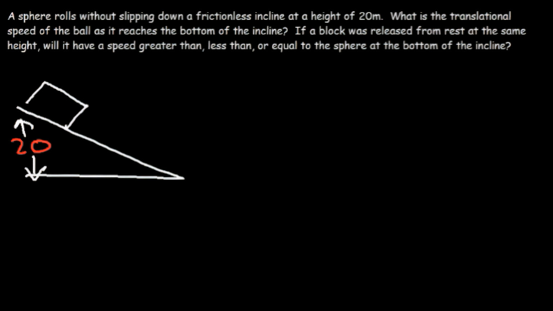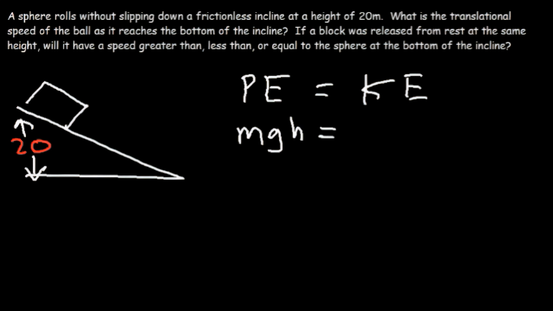All of the gravitational potential energy of the block will be converted to kinetic energy. It doesn't have any rotational kinetic energy because the block is sliding down the incline. It doesn't rotate or spin. So mgh can only be equal to 1/2 mv squared.